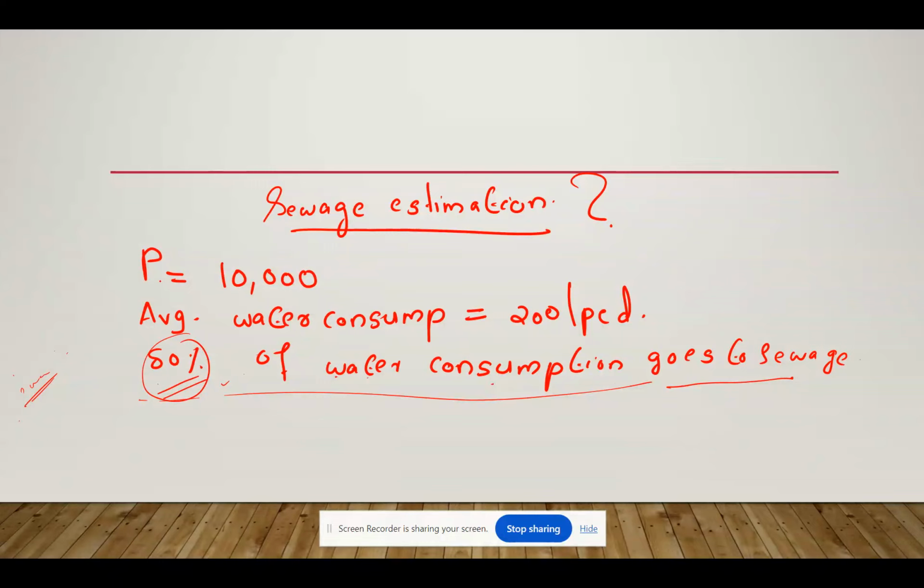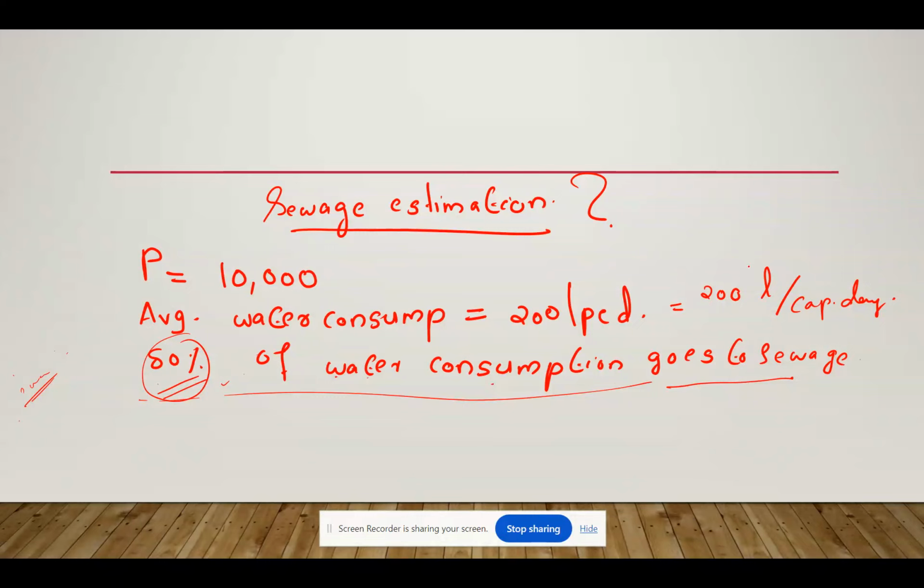Then the total number of people is 10,000. Then average water consumption is 200 lpcd. What is lpcd? Liter per capita per day.